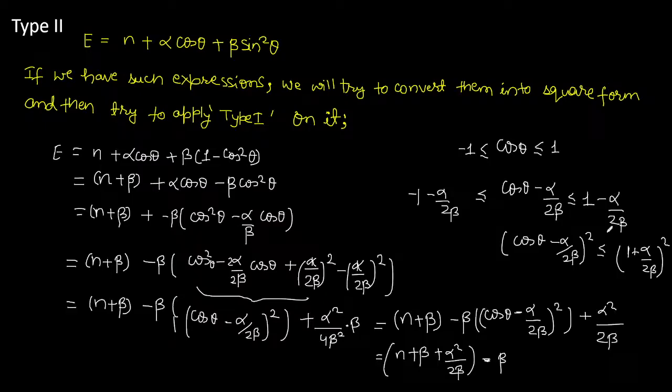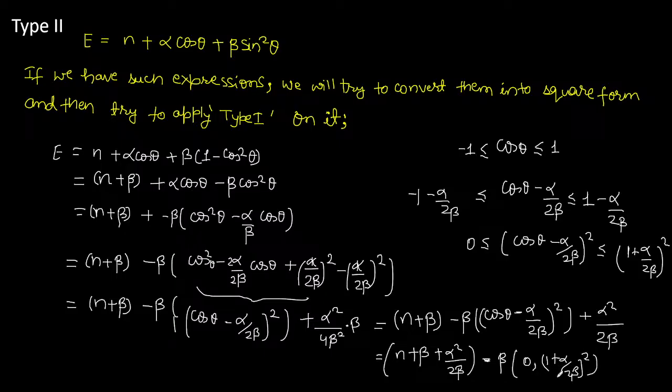If this is positive, positive minus positive is less than negative minus negative. So it will become 1 plus alpha, and this is going to become 0. So we can simply say that it is minus beta multiplied with 0 to 1 plus alpha plus 2 beta whole square. This is how we are solving.